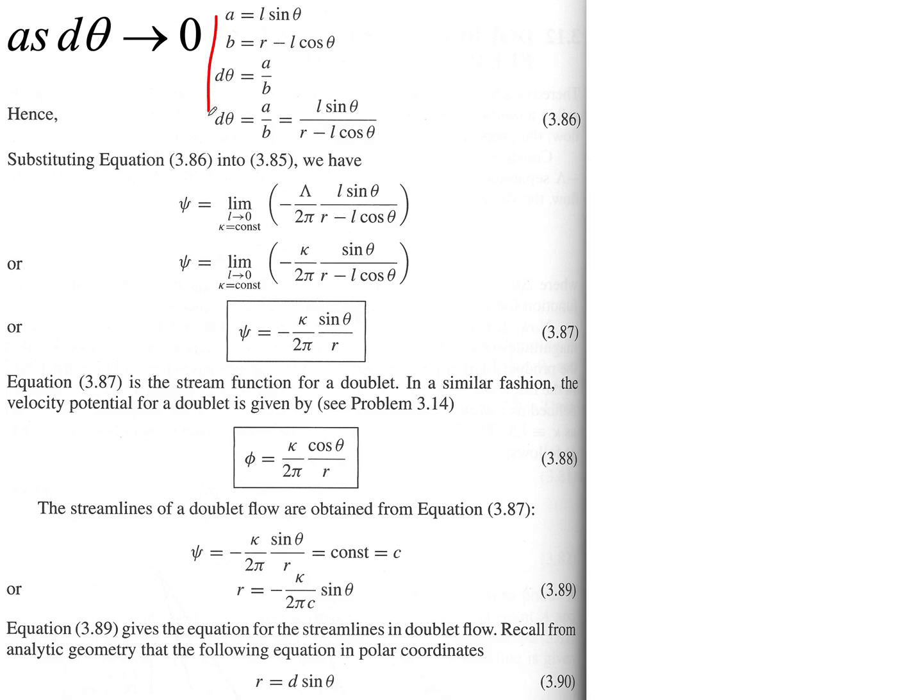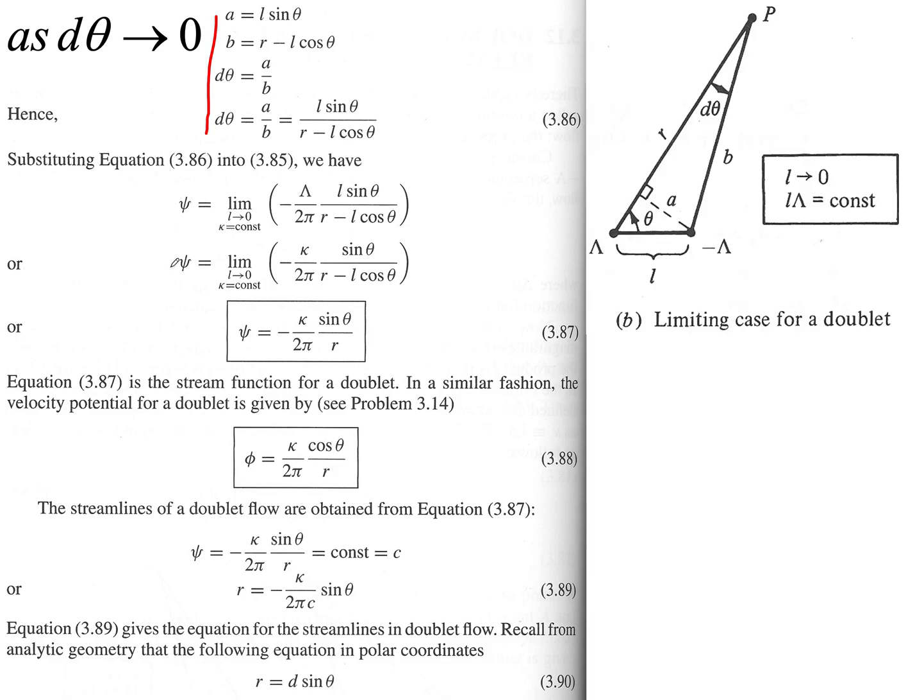There's quite a bit of geometry here, but what we are after is this: when you go through the limit of L equal to 0, you see where it helped us to define kappa, L times lambda, so that becomes a constant. You get a constant here, and plug in L equal to 0, then it's no issue. So that cancels out, and you're going to get kappa sine theta over 2 pi r, which is fine.